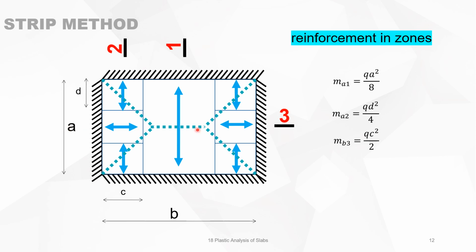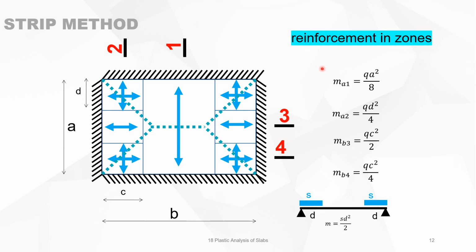We use the same method. In the middle there is nothing. In this direction it's q as load. Then the bending moment, when this width is c, will be q c squared over 2. And then the fourth section will be q c squared over 4.